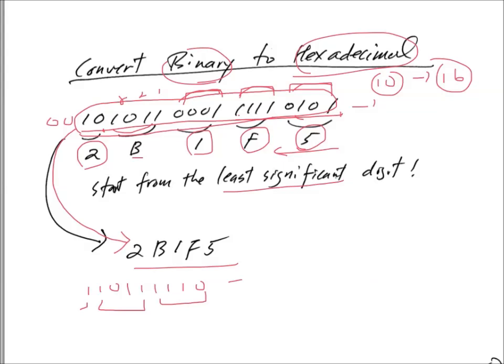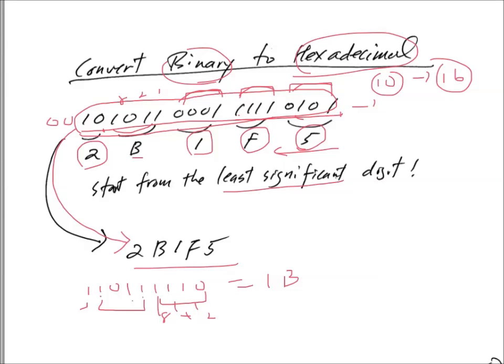So this is only 1, so it's going to be 1, and 1011, so this is 8, 2, 1, that's 11, so we know 11 is B, and the 1110, so that will be 8, 4, 2, so that is 14.